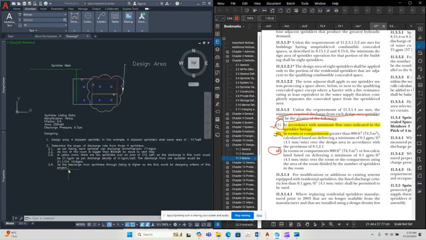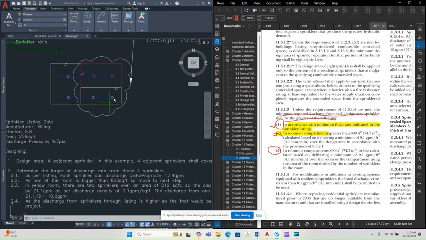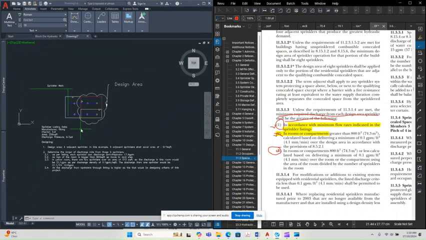So that's done. We will run the calculations in such a way that the hydraulically most disadvantaged sprinklers, these four sprinklers, shall have a K factor of 5.6, and the discharge pressure would be 9.7 psi. In that case, each sprinkler will give you a discharge rate of 17.4 GPM.